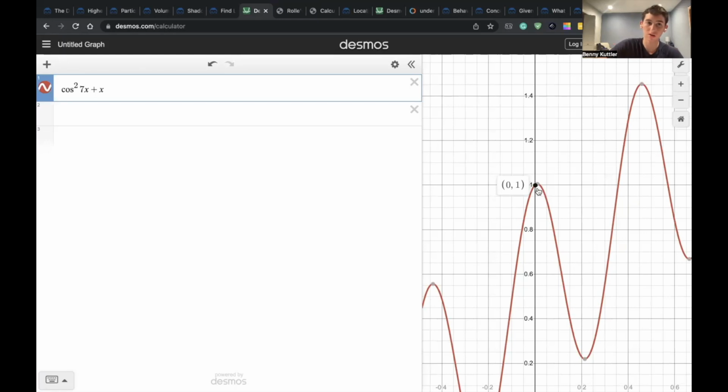So what we can do is take the derivative of this function. We have to use the chain rule a few times here. We have 2 cosine 7x, because the exponent comes down, times the derivative of cosine 7x, so times negative sine 7x, times the derivative of 7x, which is 7.